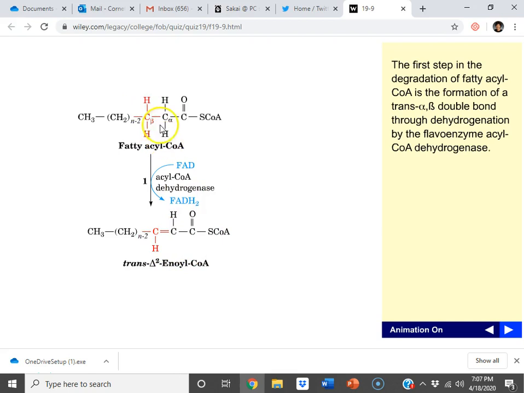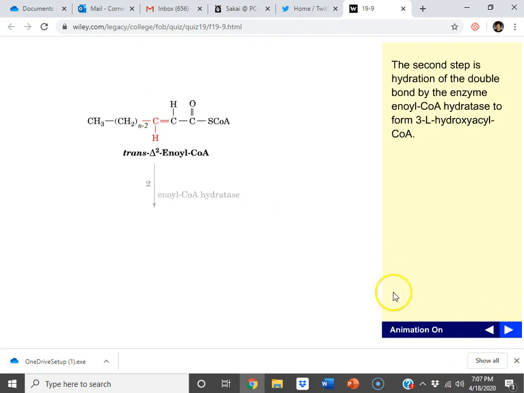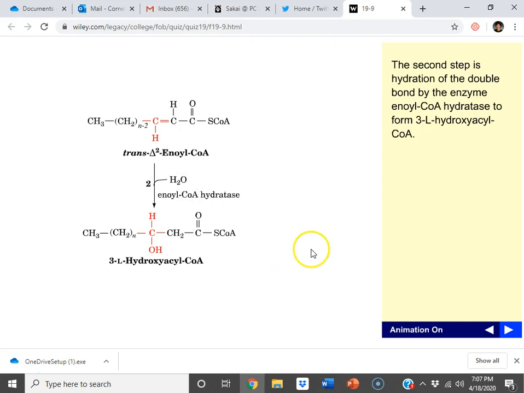So those 2 hydrogens and their electrons will be donated to FAD to form FADH2. Okay, what happens next? Well, a hydratase will allow us to add water across that double bond.